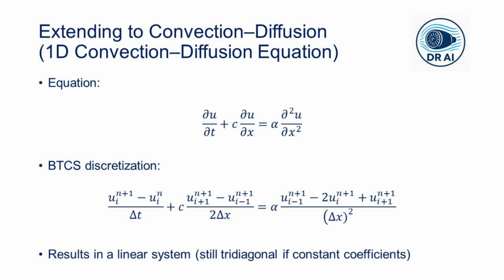If we apply the backward-in-time, centered-in-space philosophy to this equation, we discretize both the convective term and the diffusive term at the new time level, and we get the final form as displayed. This equation is a natural extension, but as we will see, it introduces new challenges.